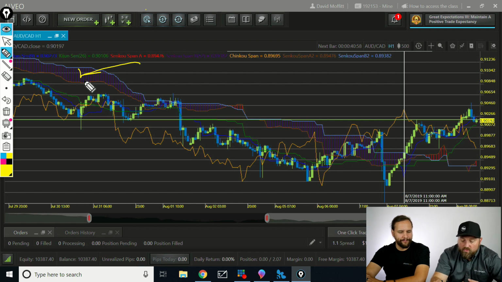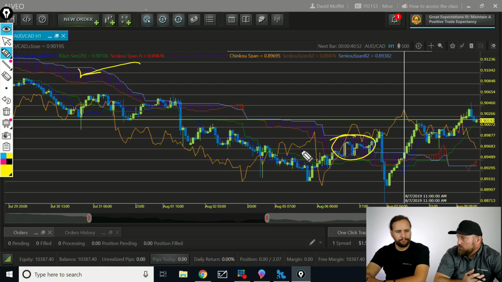The number one thing that you do not want to do is trade when the market is inside the cloud, okay? So that's your first don't, you never want to trade when the market is inside the cloud, because it is trying to figure out direction.